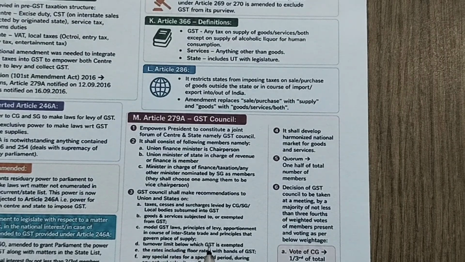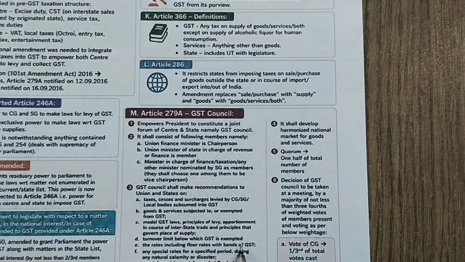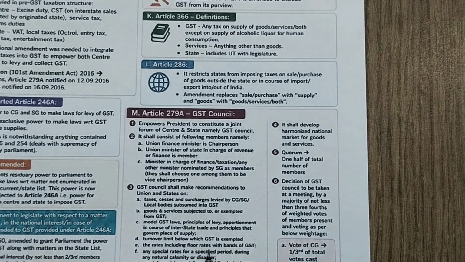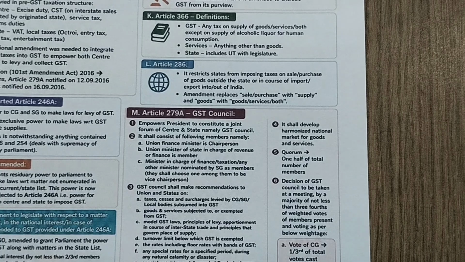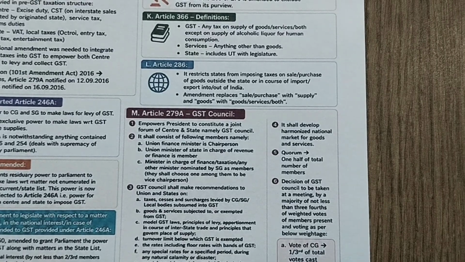Model GST law. Principles of levy, apportionment in the course of interstate trade, and principles that govern the place of supply, turnover limit below which GST is exempted, tax rate including floor rate with bands of GST, any special rates for a specified period, special provisions related to Arunachal Pradesh, Assam, Jammu and Kashmir, Manipur, Meghalaya, Mizoram, Nagaland, Sikkim, Tripura, Himachal Pradesh, and Uttarakhand, special category states, and any other matter related to GST as the council may decide.